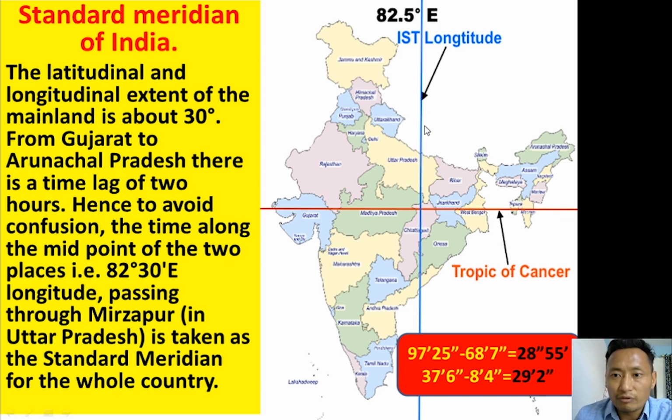The standard time of India is based on the standard meridian of India, 82 degree 5 minute east.